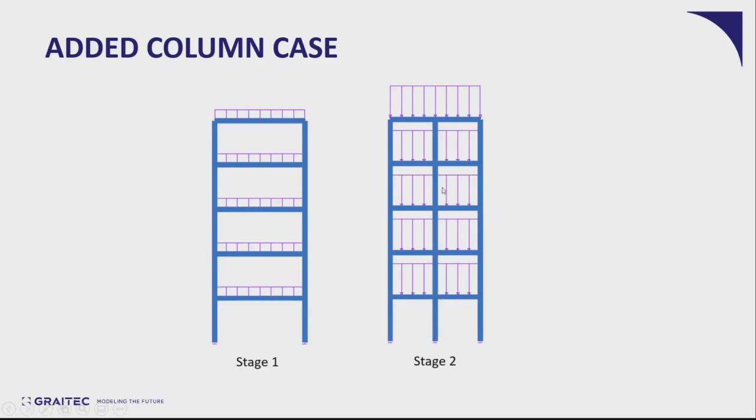As we can see here, we added a central column with the increase in the superimposed loads that are applied on this structure due to a change in its use. So how to model this? We will see how we will do this using the construction stages in Advanced Design 2023.